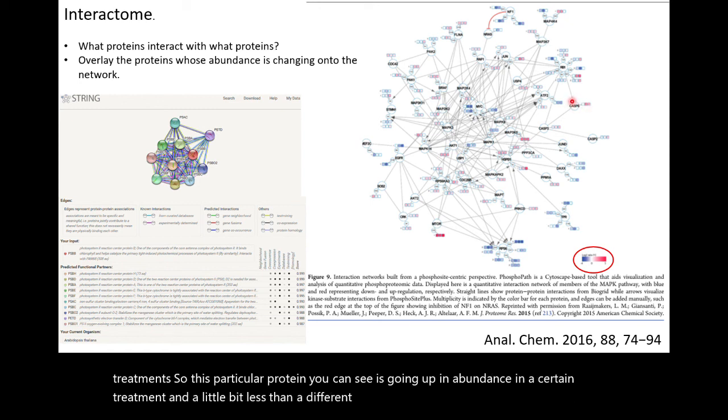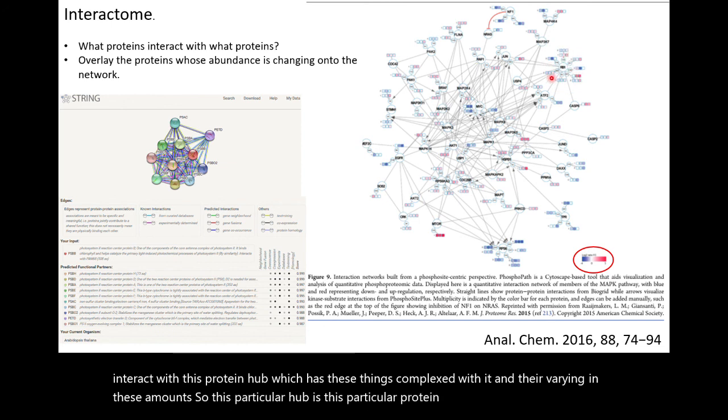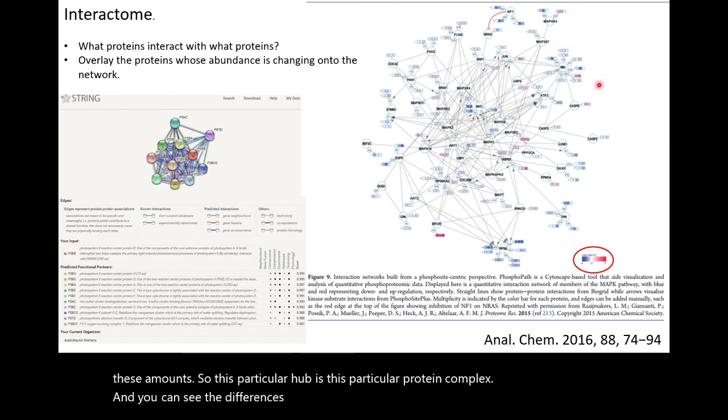And that protein has been found to interact with this protein hub, which has these things complexed with it, and they're varying in these amounts. So this particular hub is this particular protein complex, and you can see the differences in protein abundance of the components of the complex.